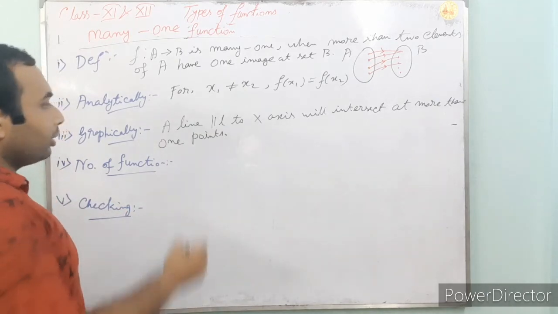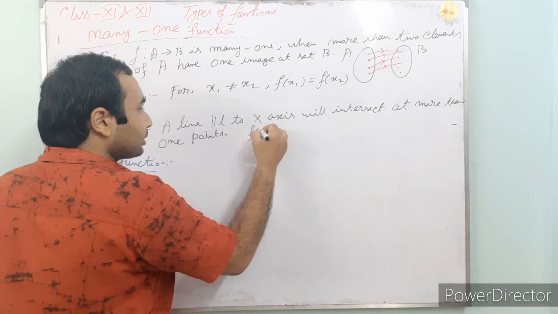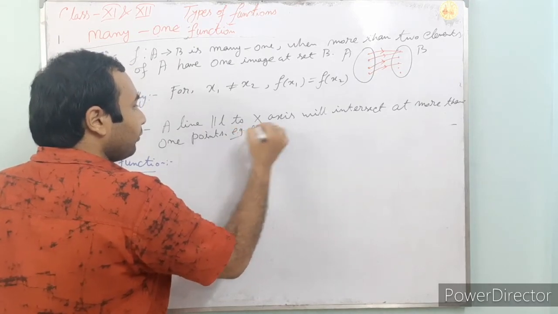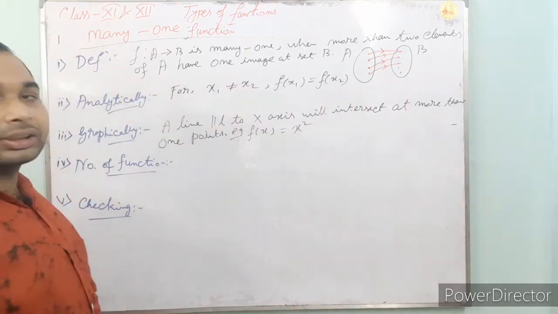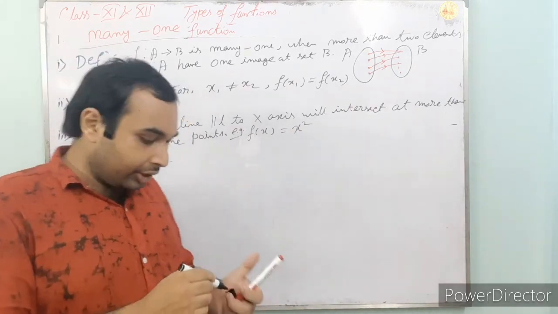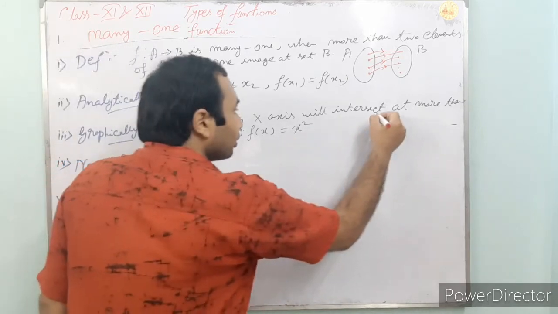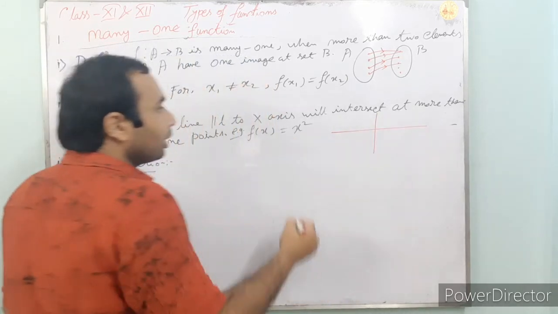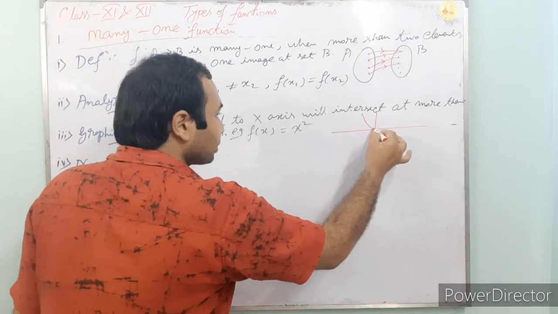As for example, if we take f of x equals x square, the graph will look like this.